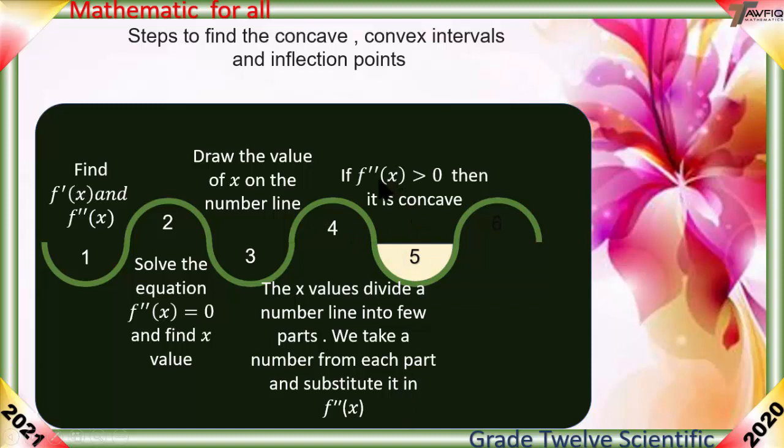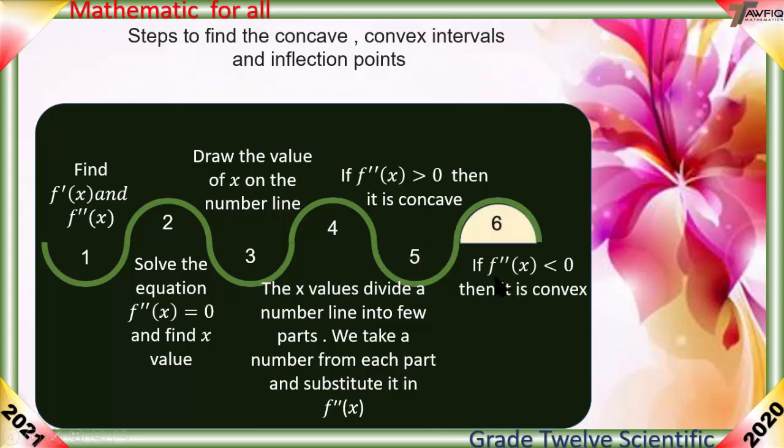If after substituting, the value of f double prime is bigger than 0, that means it is a concave interval. And if the value of f double prime of x is less than 0, then it is convex.